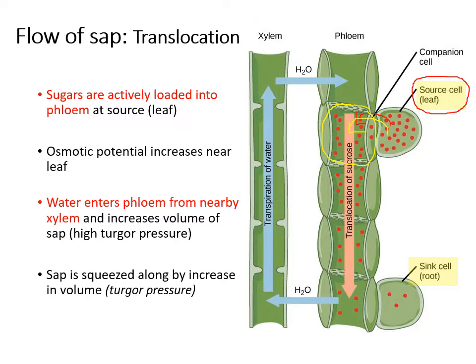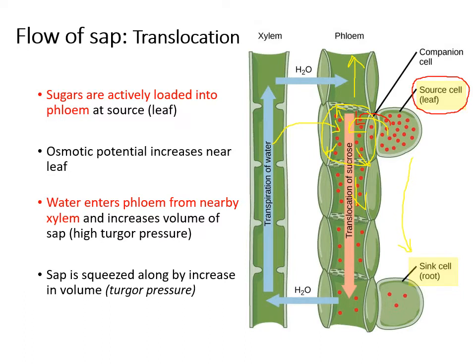That causes an increase in volume. Remember we talked about mitosis and how two cells divide, and then through osmotic pressure, the cells are elongated. In this case, the phloem can't elongate. It's fully matured. So we end up with water pressure from water moving from the xylem over into the phloem. And that creates pressure. And the pressure squeezes the sap away from that location. It could go up and it could go down, right? So it translocates from the source down to a sink.